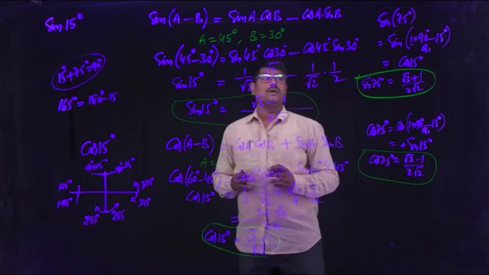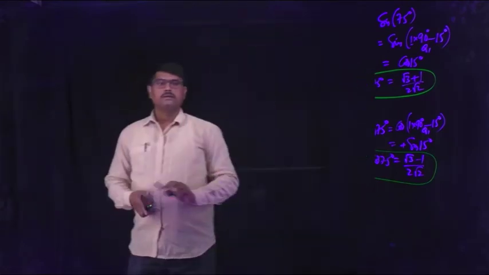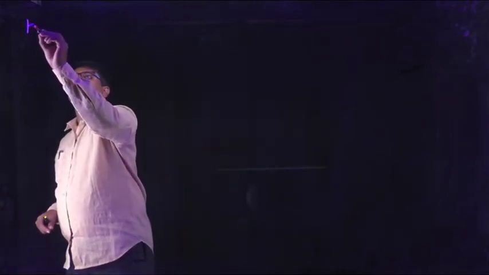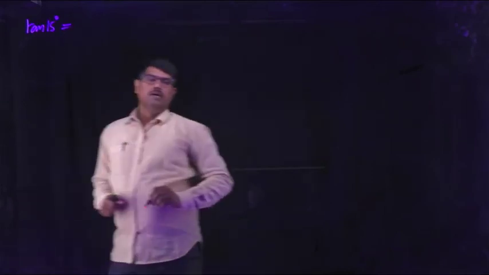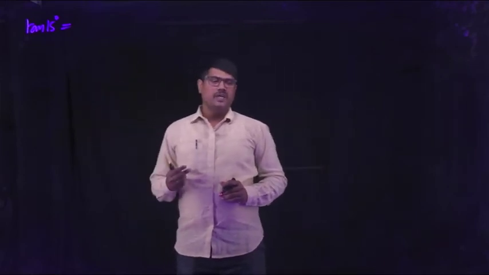Now we will see what is the value of tan 15 and what is the value of cot 15. Let us try to find the value of tan 15 degrees. You can find tan 15 degrees in the same manner as we learned to find sin 15 and cos 15: by taking the tan A minus B formula and taking A as 45, B as 30.